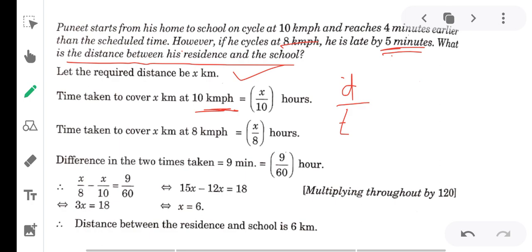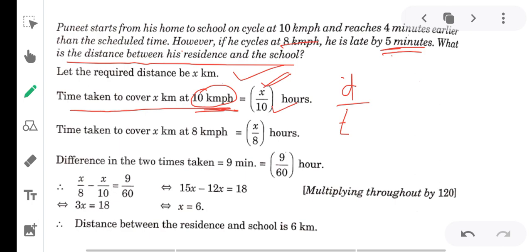Then time will be what? Distance by speed. So distance is x kilometers and speed is 10 kilometers per hour. So time taken to cover x kilometers at 10 kilometers per hour will be distance by speed, so x by 10. Clear?